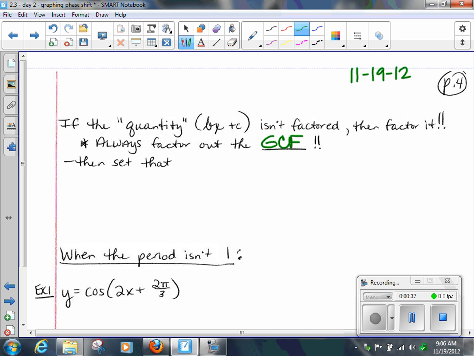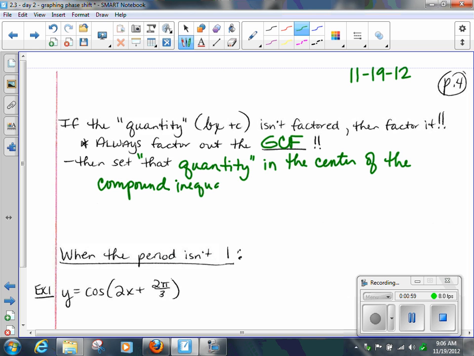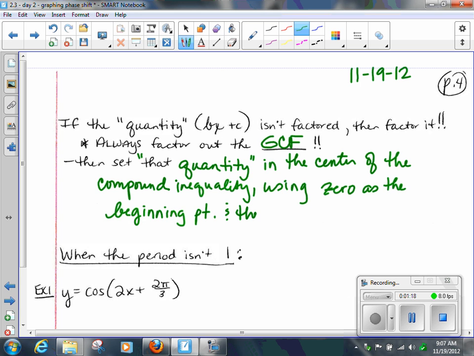But then we're going to set that quantity in the center of the compound inequality, using 0 as the beginning point, no different than what we've been doing, and the period as the ending point.